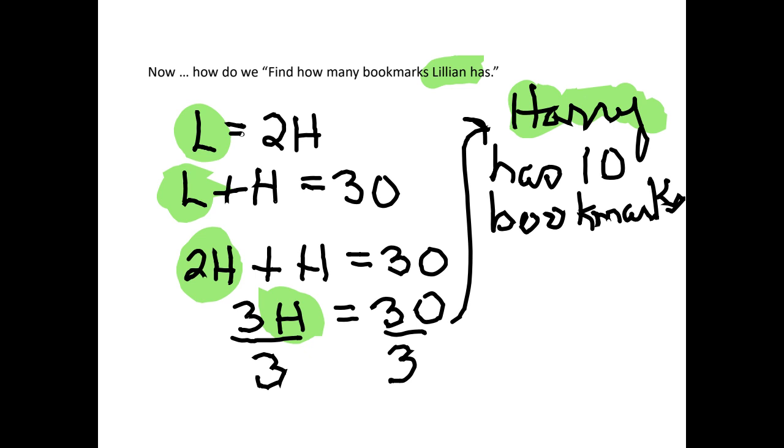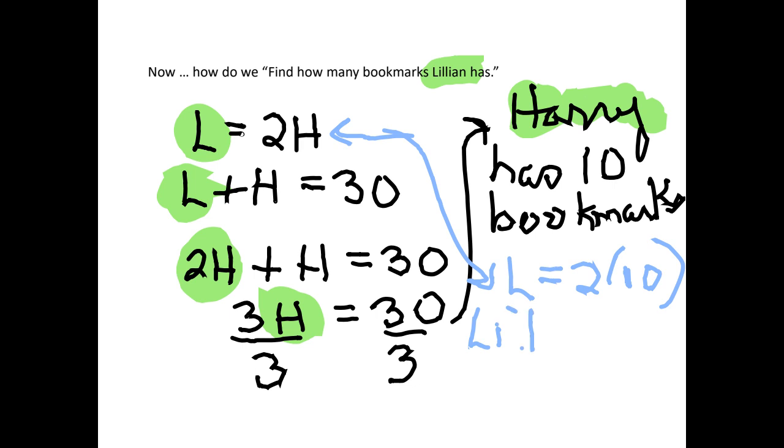L is equal to 2 times 10. 2 times 10, which means Lillian has 20 bookmarks.